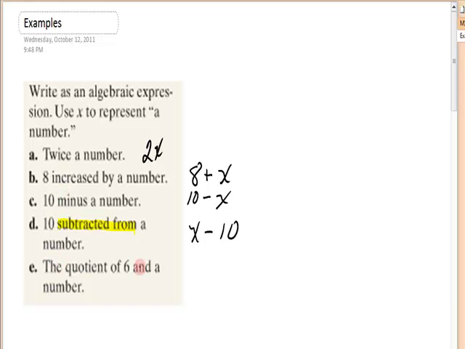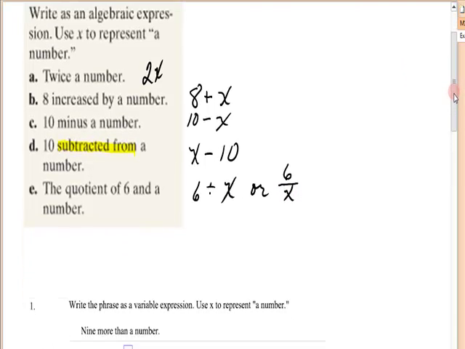The last one, quotient of 6 and a number. Quotient means division. So it is 6 divided by a number, x. It is really more common in algebra to write this in fractional notation. Whatever you read first goes on top, whatever you read second goes on bottom. 6 over x.